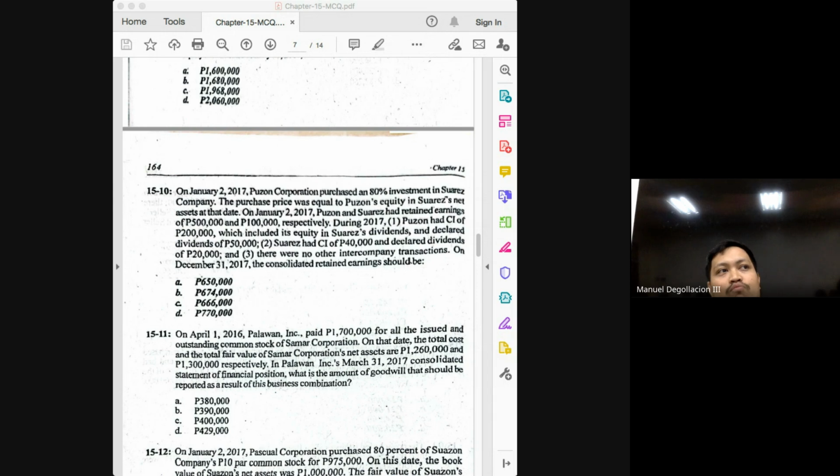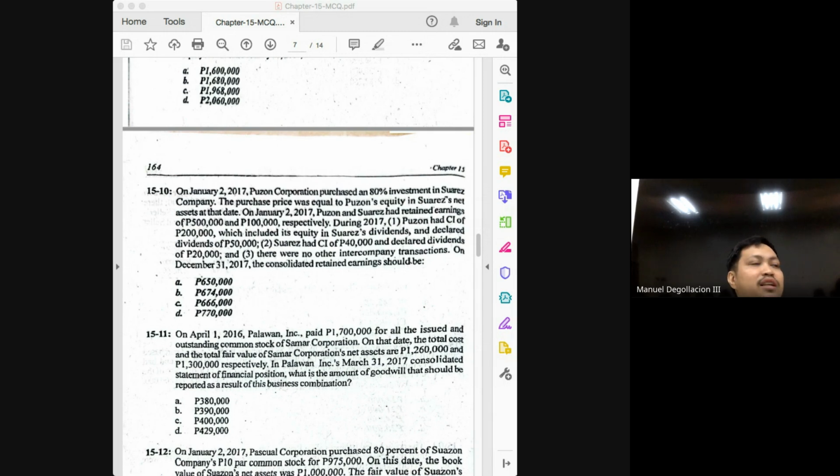Okay? So with that, you would ask, sir, why did we even discuss the first solution? Why do we not just remember the second solution? Because there's one thing you have to remember for the second solution, class. If we're talking about undistributed earnings, it should be cumulative.